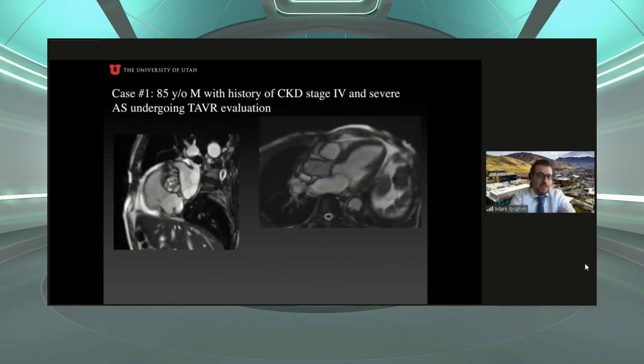We'll conclude by showing two cases from our cohort. Dr. Tanda referred this case: an 85-year-old with a history of CKD stage 4 and severe aortic stenosis undergoing TAVR evaluation. You can see CT images and non-contrast MRI looking at the valve, with reduced leaflet excursion and turbulent flow.